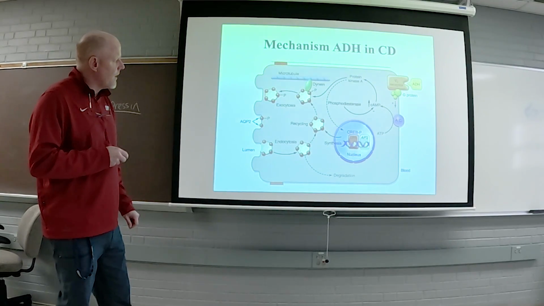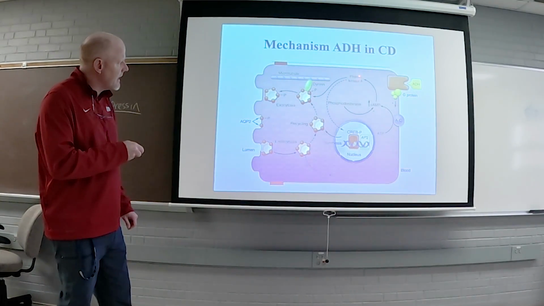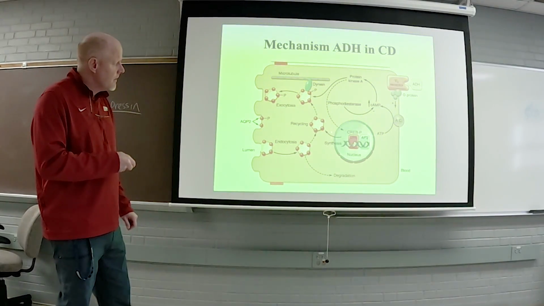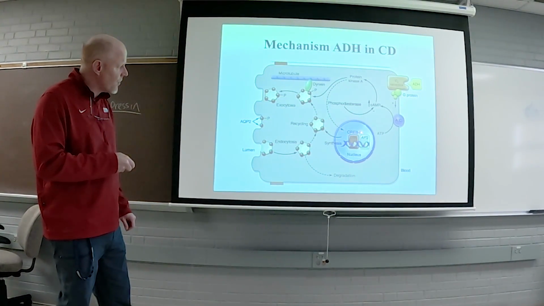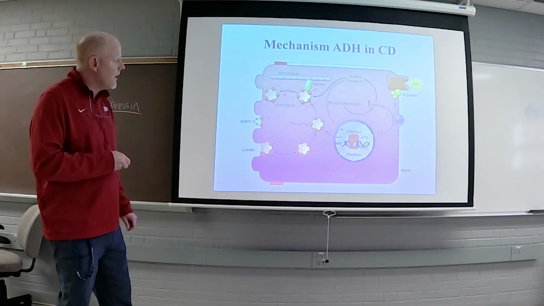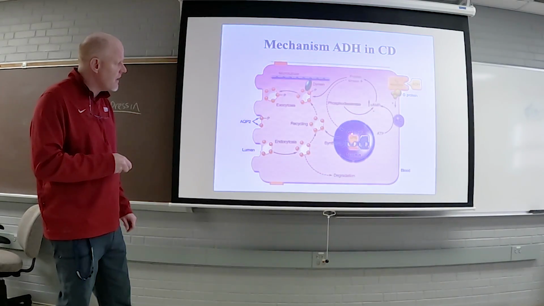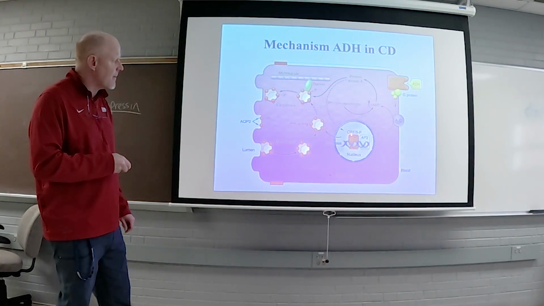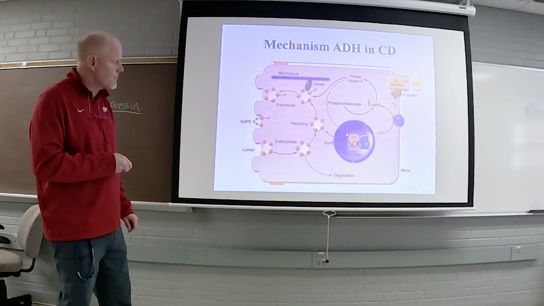Also, what I want you to recognize here is that protein kinase A also can enter the nucleus. You see this? And activate this protein here, which is called CREB, which is basically a protein that's called cyclic AMP receptor element B. That's where this name comes from.